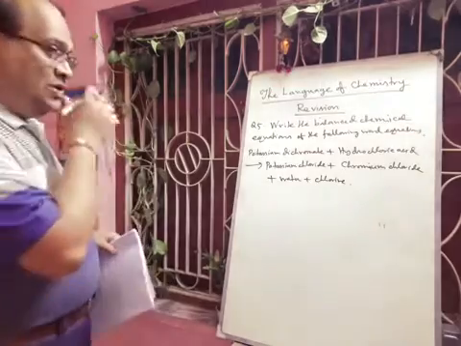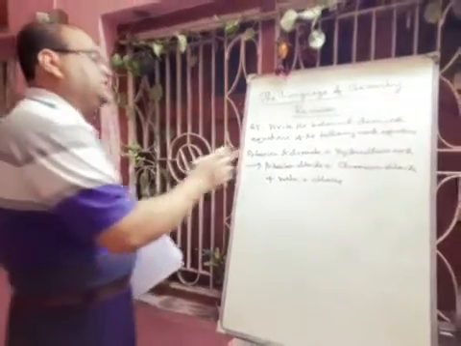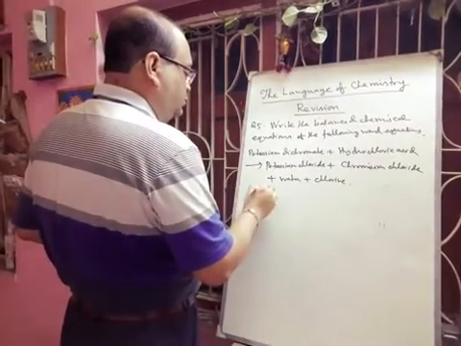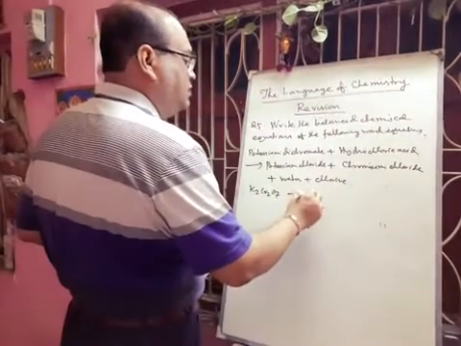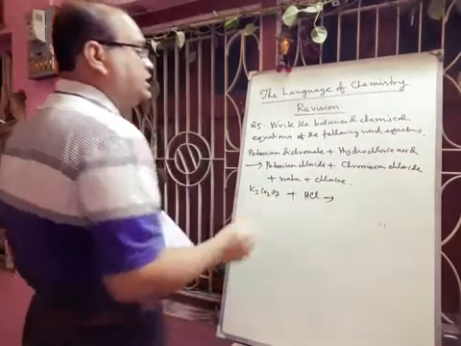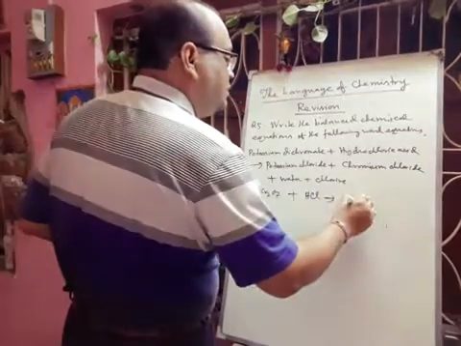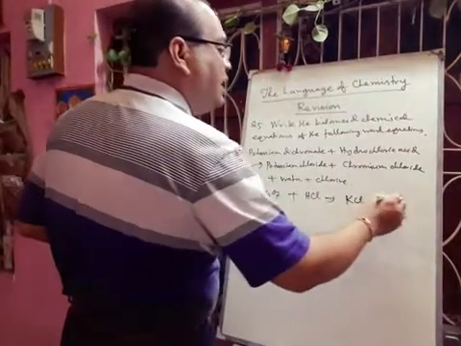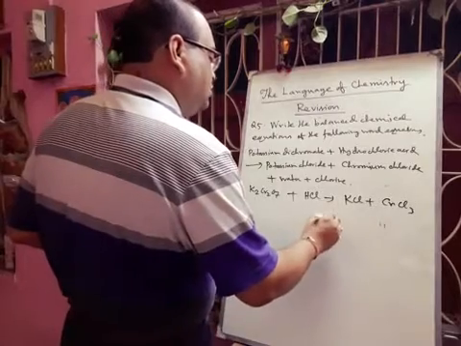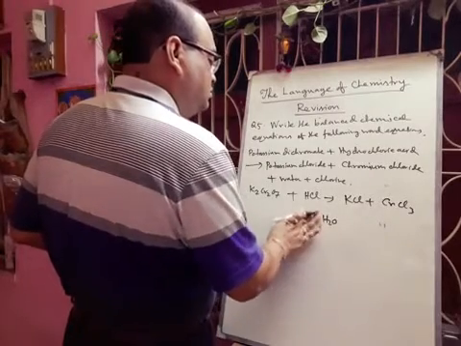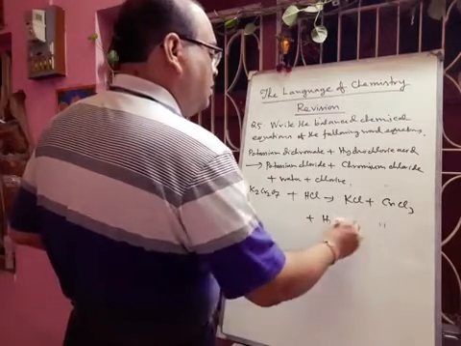Okay. So in this case, potassium dichromate, its formula will be K2Cr2O7 plus HCl, forming potassium chloride, that is KCl, and chromium chloride, that is CrCl3, plus H2O plus Cl2.